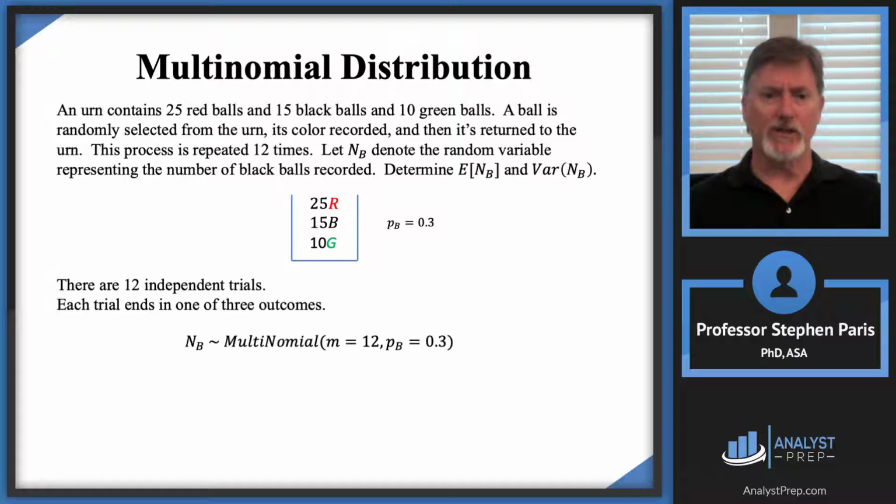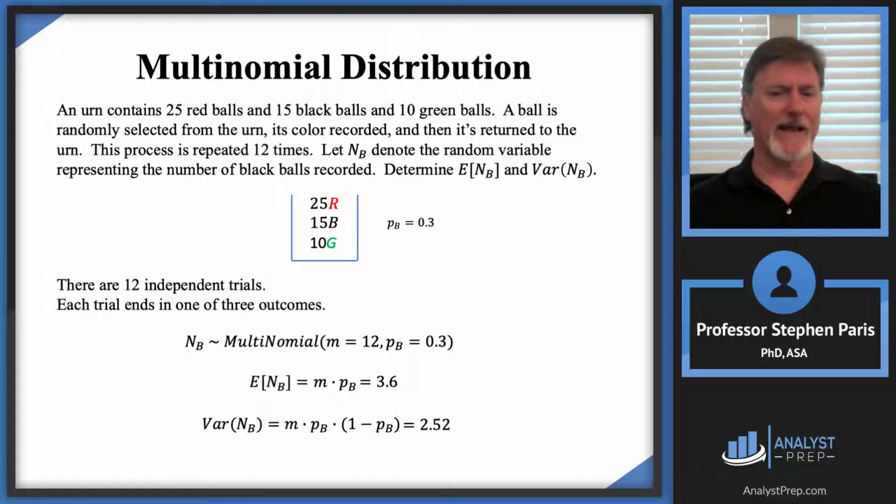So now I've got a multinomial distribution with parameters m equal to 12 and p equal to 0.3. Again, the expected value is the product of the parameters, so that's 12 times 0.3, or 3.6, and the variance would be 12 times 0.3 times 0.7, and I got 2.52 when I did that. Okay, so that's the multinomial distribution.